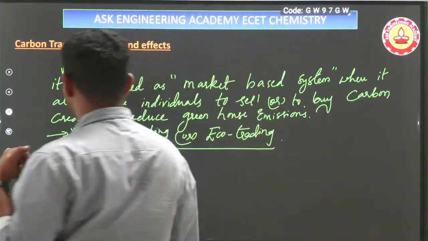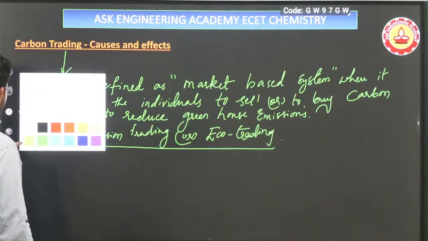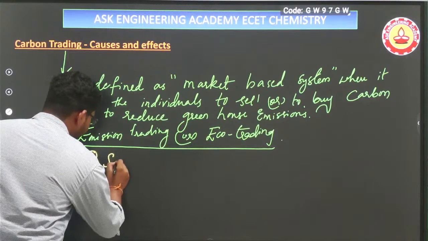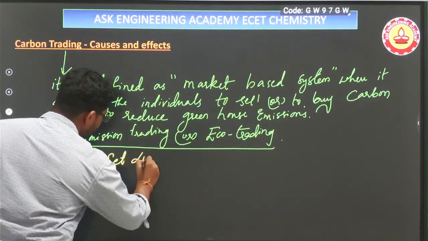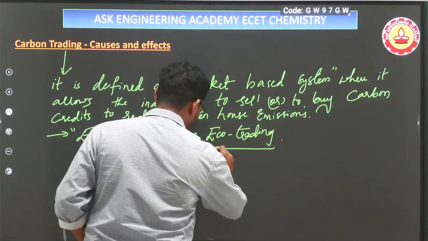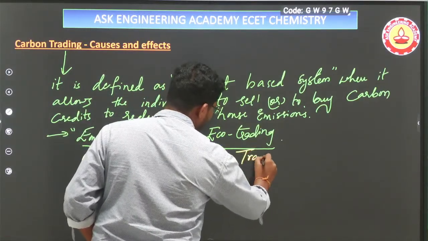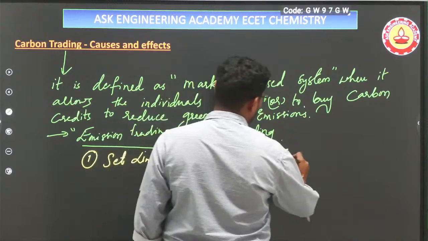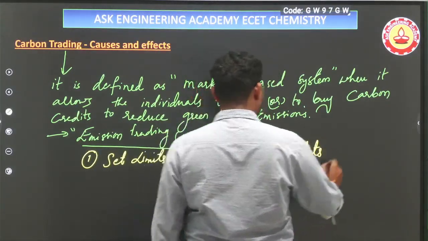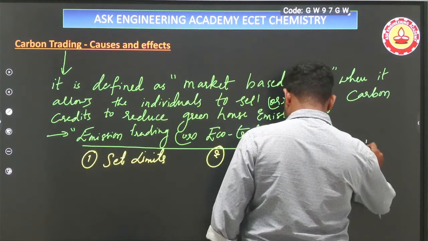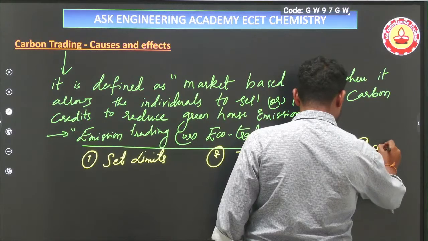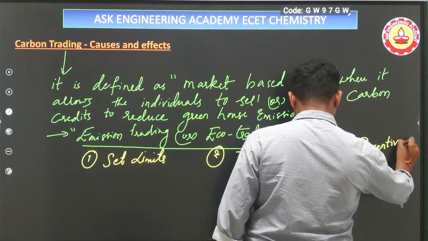First concept is set limits. Second concept is trade credits. Third is incentivize reduction.